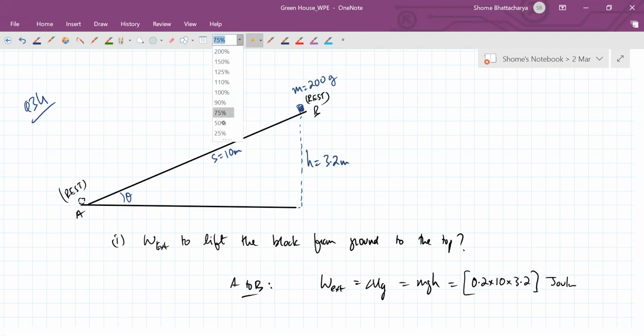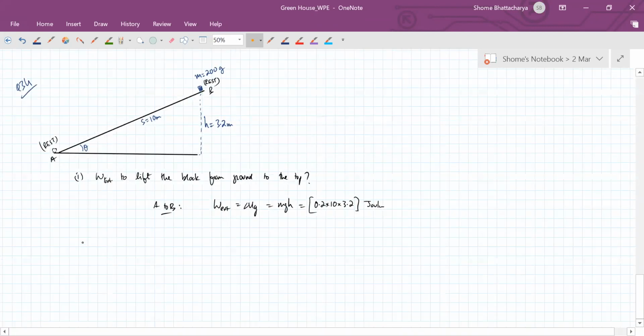Now the second part of the same question is asking that to slide the block up the incline, how much work has to be done? So the same thing, you'll see whether you directly lift it up and place it like this, or you slide it up. This was for part 1, this is for part 2.